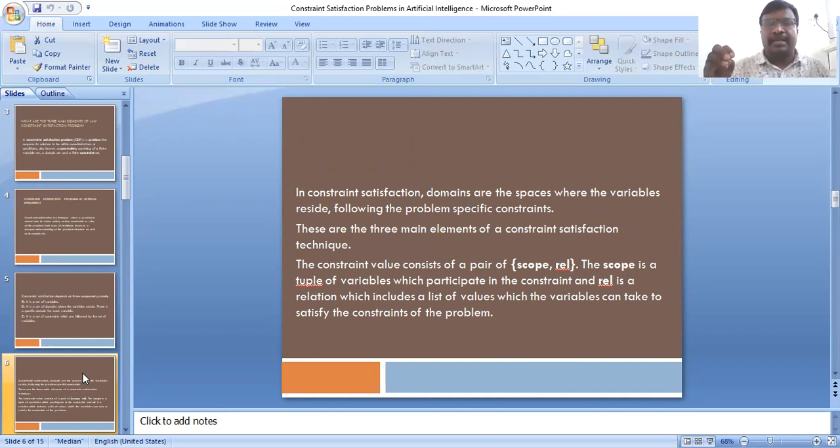That means the constraint value consists of pairs. What are the pairs? That is the scope and rel.